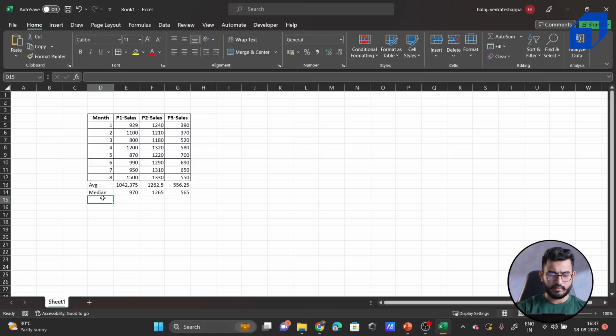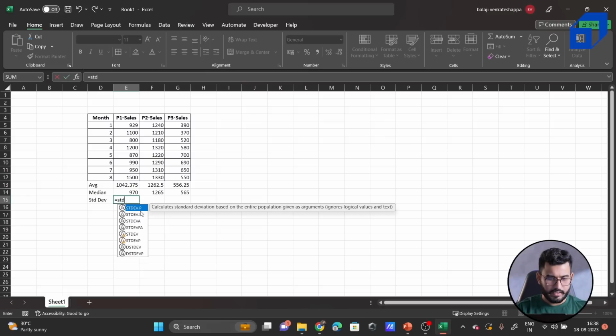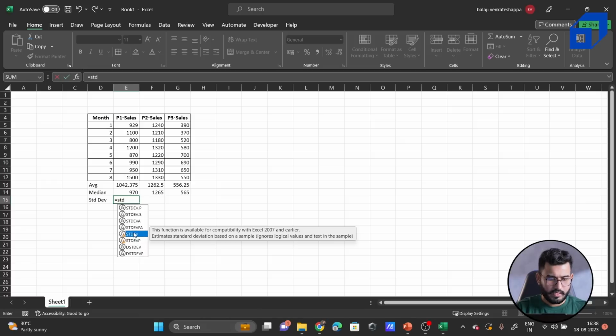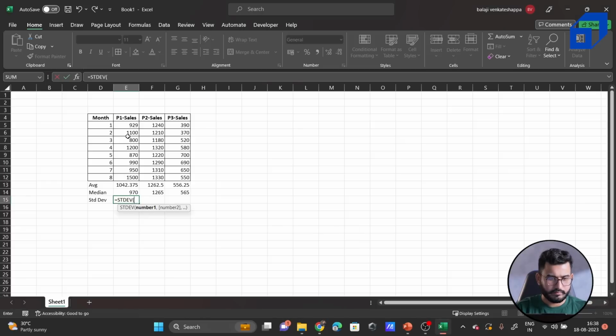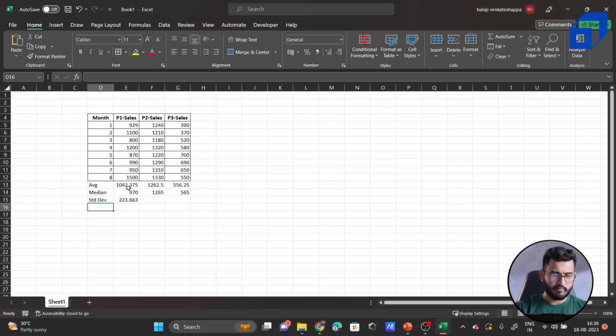So we will calculate the standard deviation. So is equal to STDEV, and we will use this STDEV, a standard deviation. And I can just simply extend this.